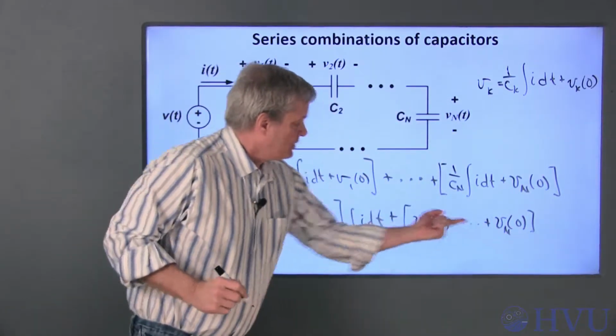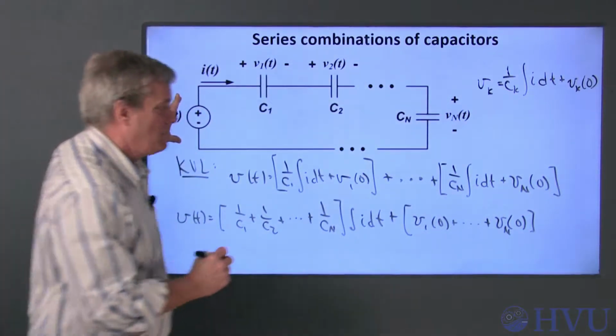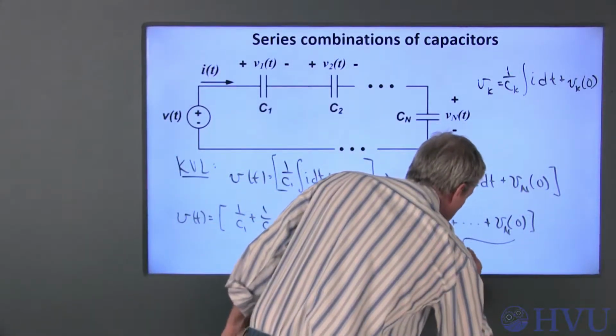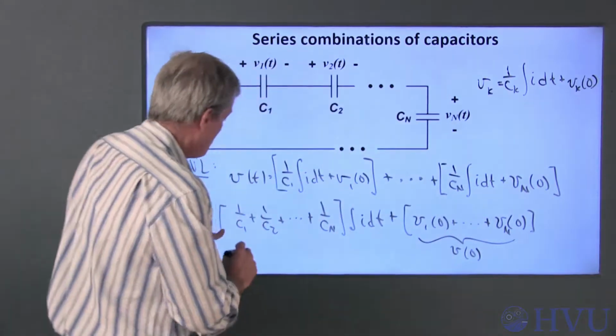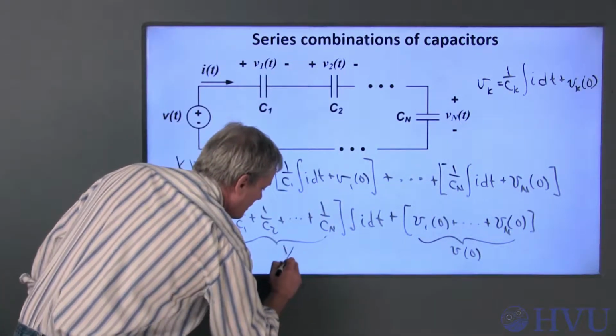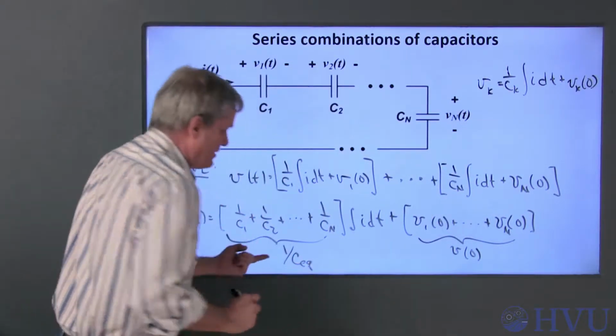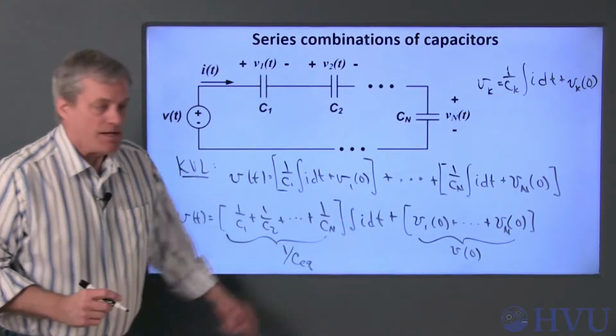The sum of these voltages is just this voltage at t equals 0. So this becomes V(0). This looks like 1 over an equivalent capacitance times the integral of i dt.